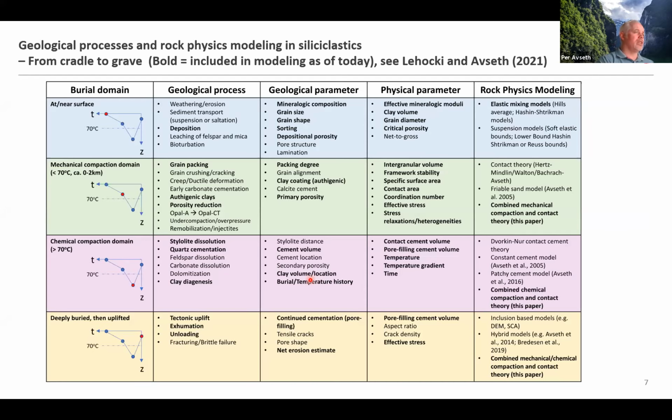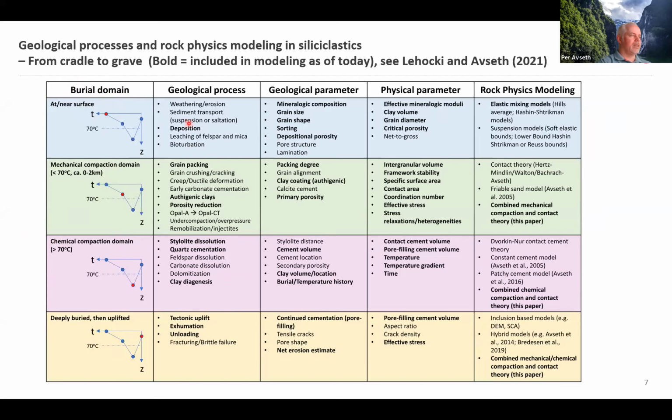This methodology was further developed and published recently in a paper in Geophysical Prospecting by Ivan Lehocki and me. And there we also include this table, which shows an overview of this modeling and how far we got today. On the left-hand side, you have the burial domain, just schematically, going from deposition to mechanical compaction, chemical compaction, and then deeply buried and uplifted.